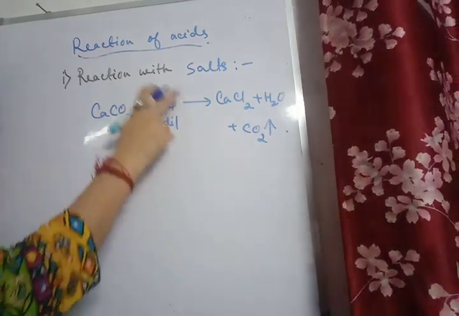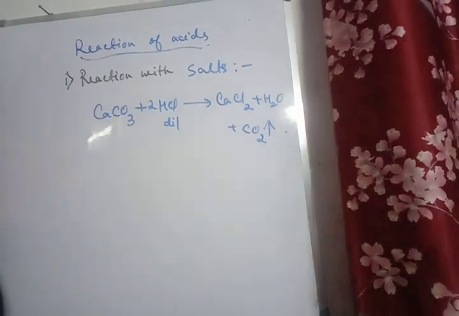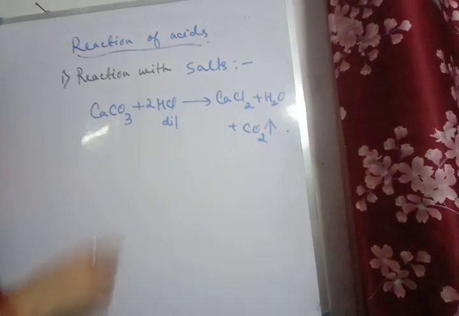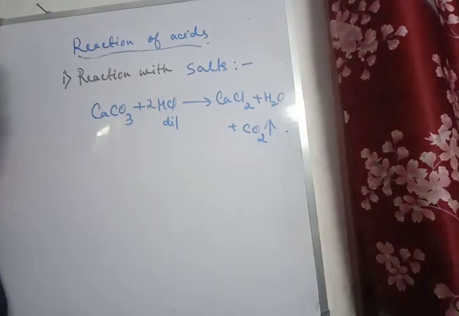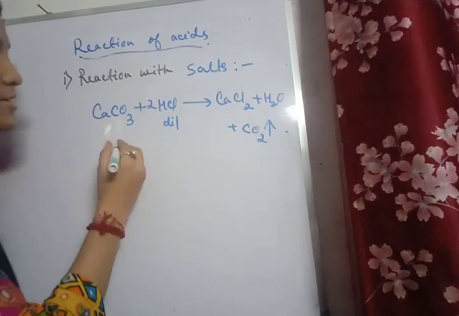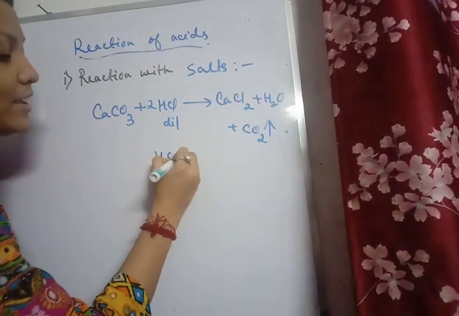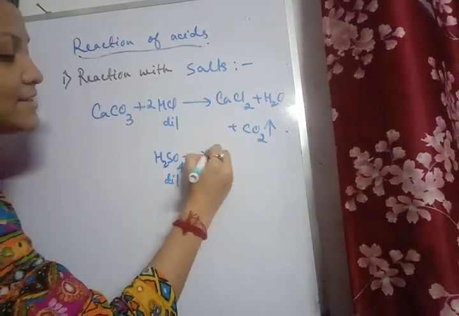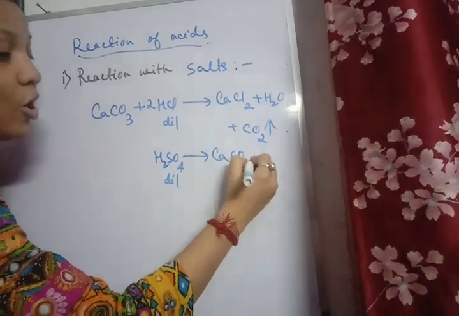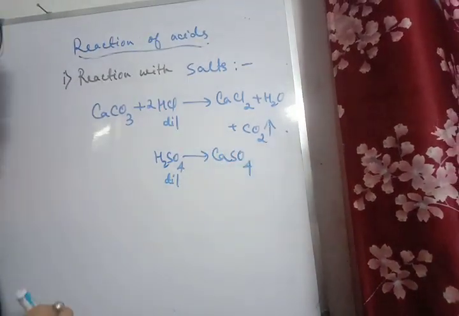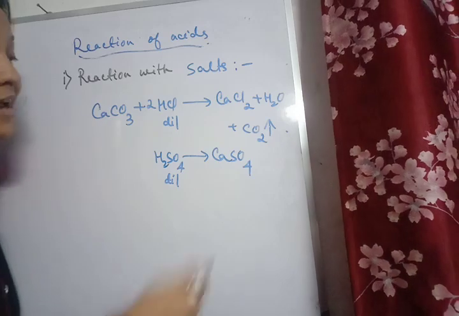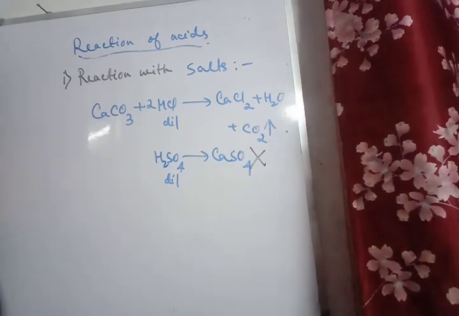In case you would have taken dilute sulfuric acid instead of dilute hydrochloric acid, then the reaction would have stopped, because on the right hand side I am going to get the salt as calcium sulfate. Now calcium sulfate is water insoluble, so the reaction does not proceed.